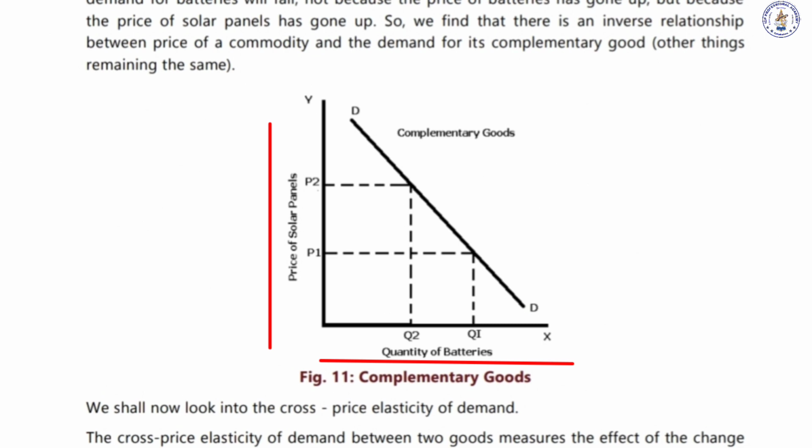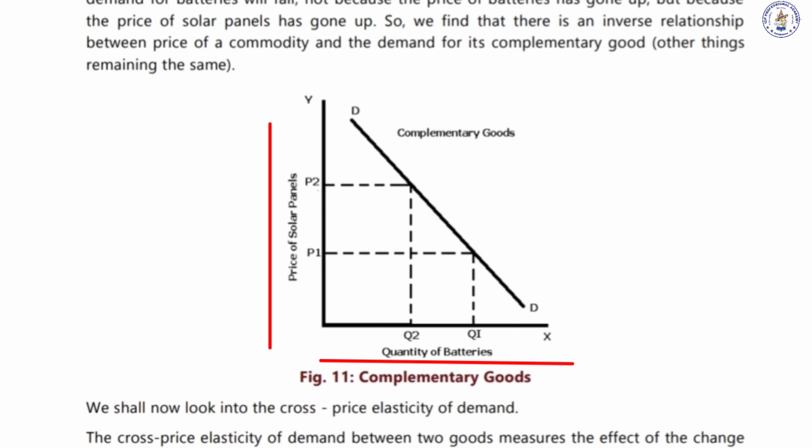When the price of bread was OP1, the quantity of jam purchased was OQ1. But when the price of bread increased to OP2, the quantity of jam purchased decreased to OQ2.